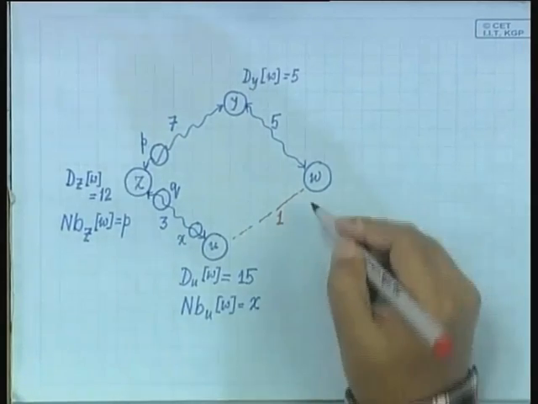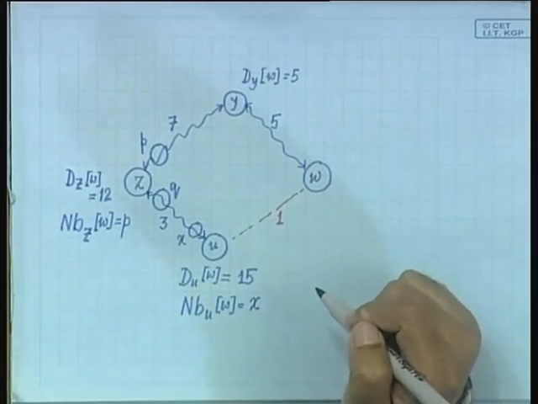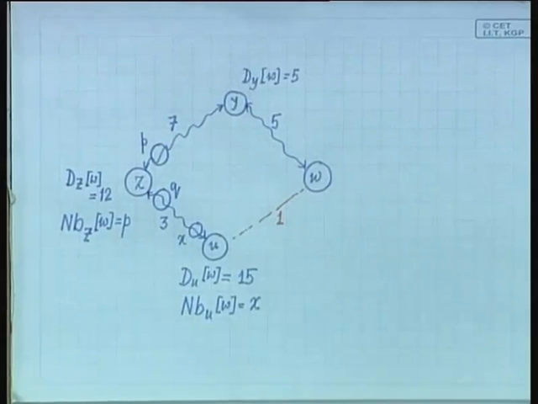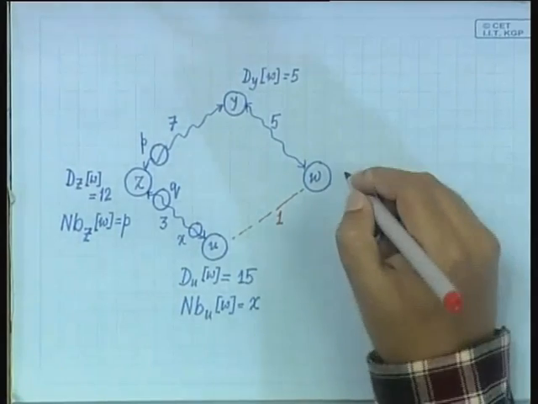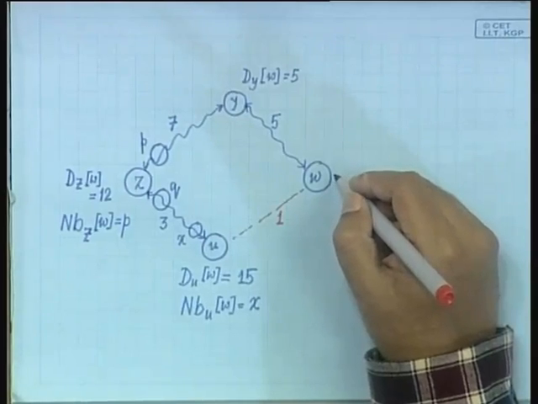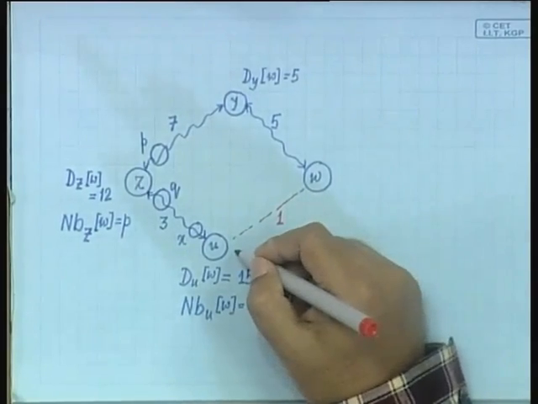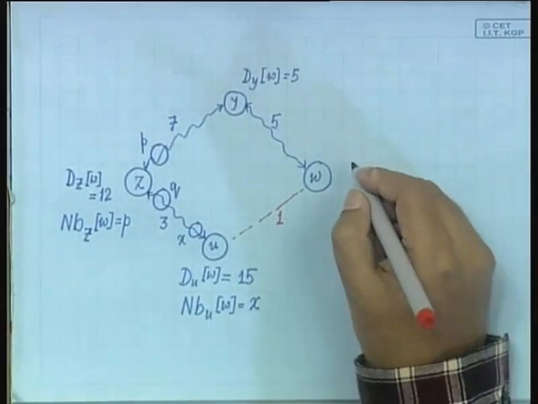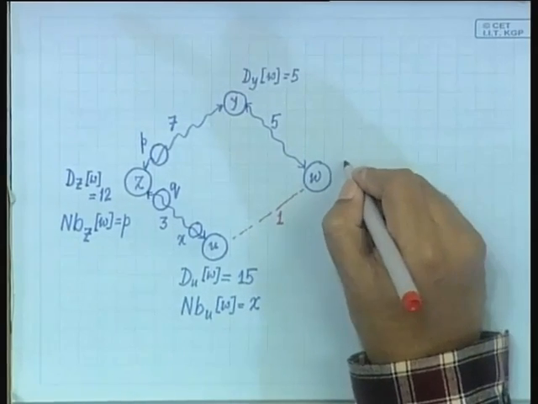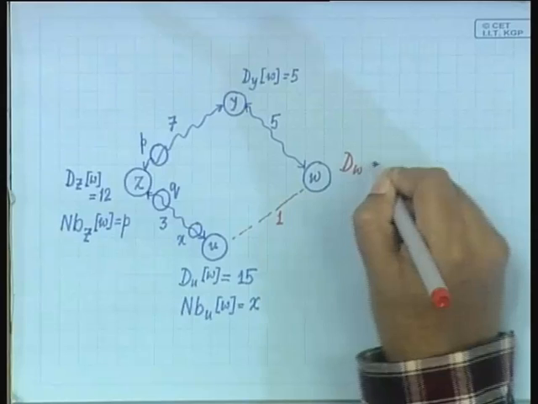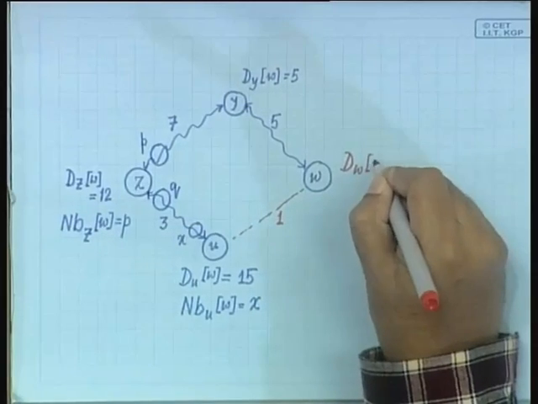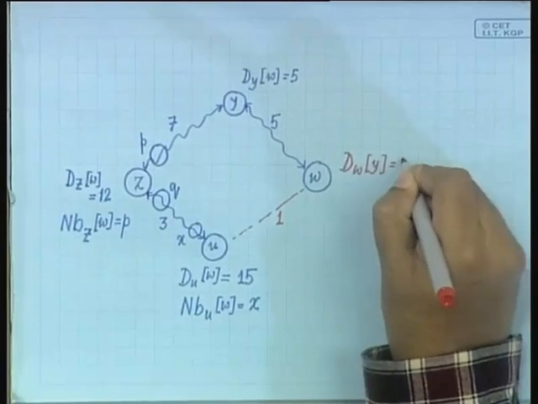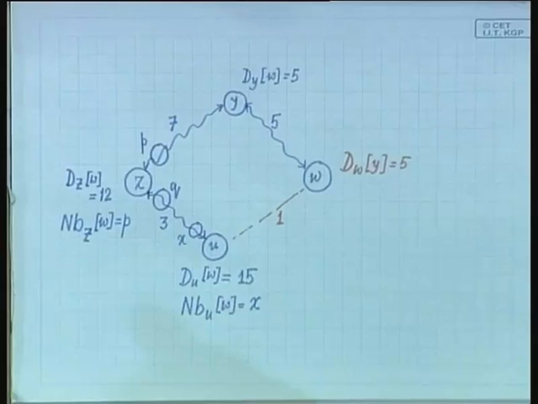Now when this link comes up, at that time W sends its routing table to U, and U sends its routing table to W. What was W's routing table? dwy was 5, right.